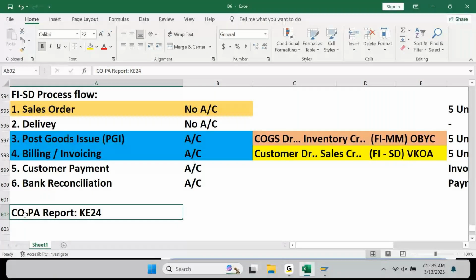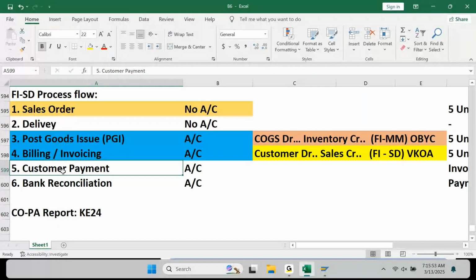And you should know to the extent of what is required at this moment. You should not go in depth into these points, because that requires a little more time, as these points are majorly related to three other modules. SD is involved, MM is involved, COPA is also involved.